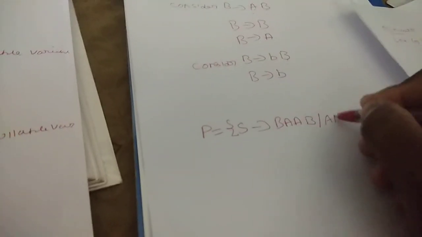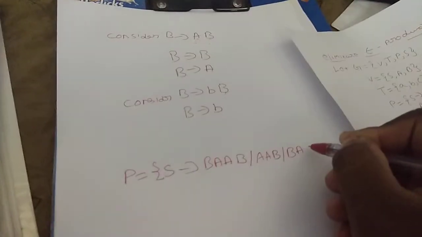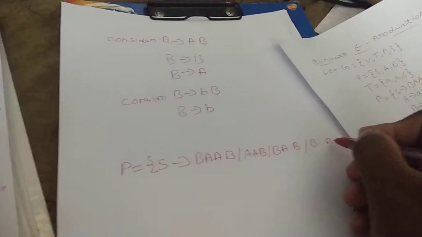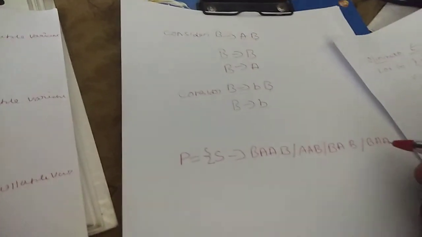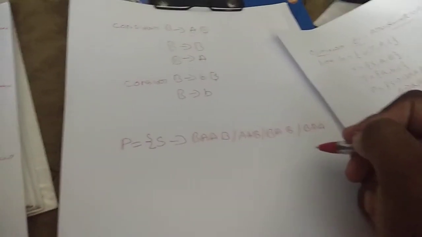Write that. AAB. And next one BAB. We got BAB. And another transition we got, that is, the last one, BAA.